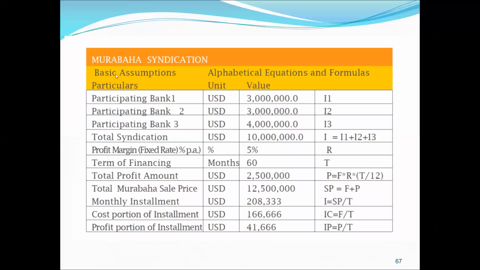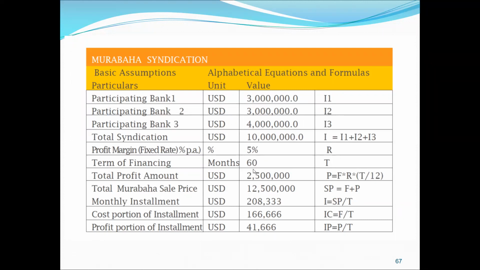Murabaha syndication. Let's say there are 3 participating banks, 1, 2, 3. One is investing 3 million, the other is investing 3 million as well, the third is investing 4 million, and the total syndication is equal to 10 million. The term of financing is 60 months.